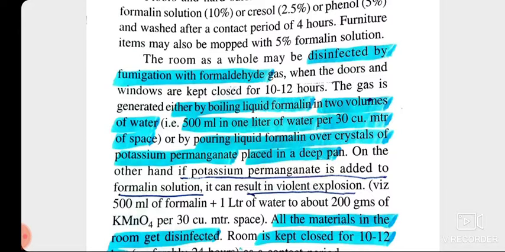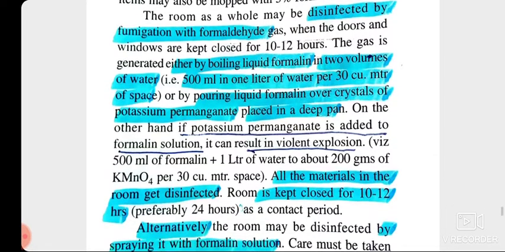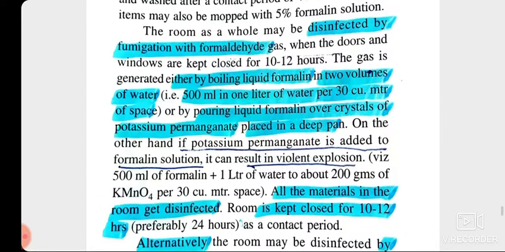We have seen the actual procedure to use formaldehyde gas for fumigation. We have to use it in two forms: by boiling it, or by pouring the liquid formalin over the crystals of potassium permanganate.